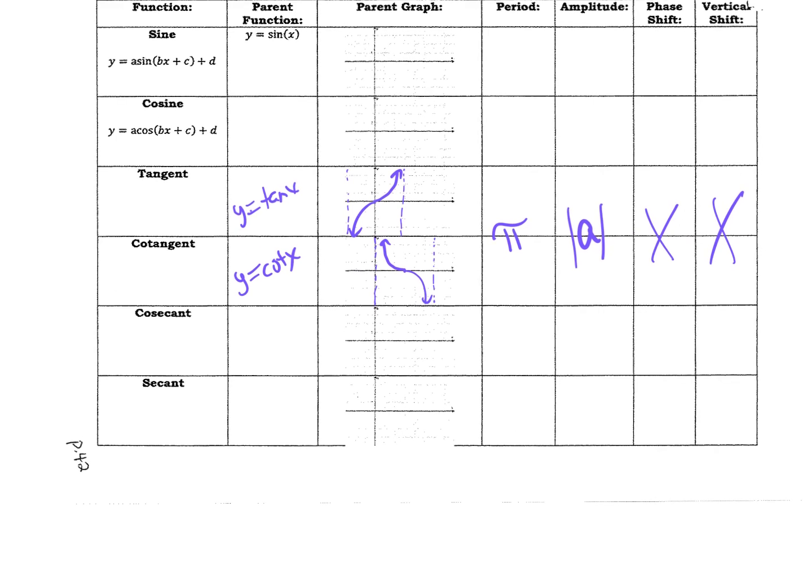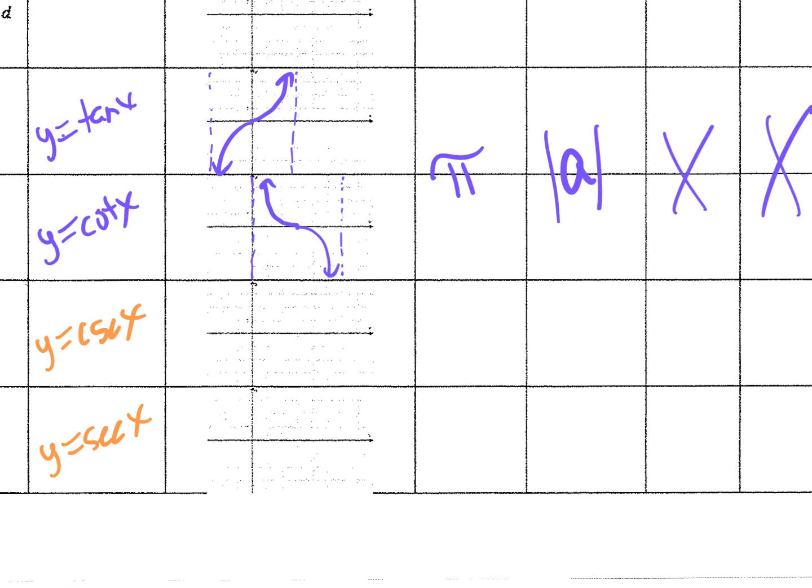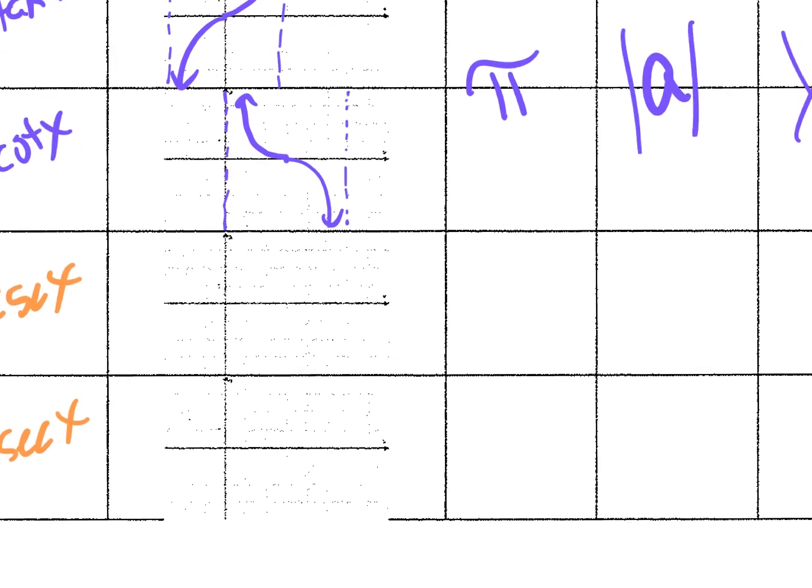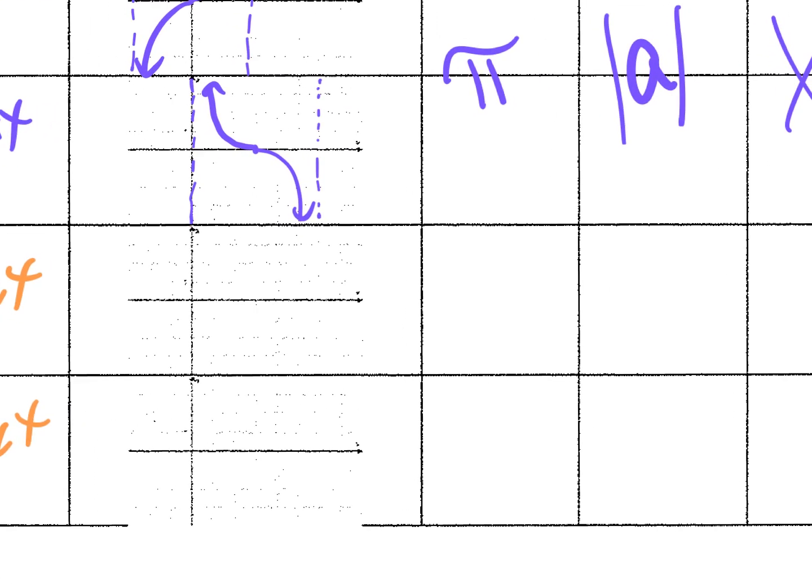For cosecant and secant, so cosecant, remember, is the reciprocal of sine. So I need you to kind of visualize what that looks like.